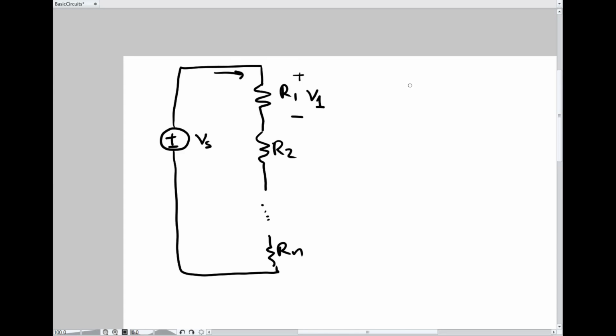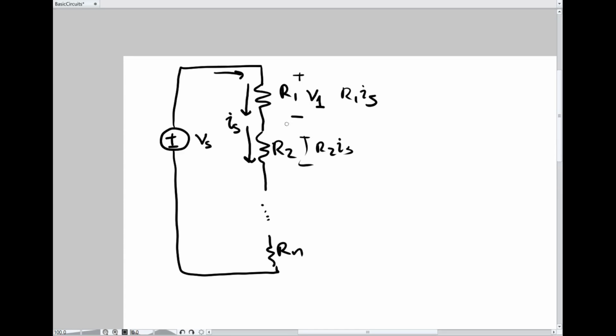Well, because of Kirchhoff's current law, the current going through here must be the same as the current going through here. I'll call this I source. And this voltage here is R2 I source. And this voltage here is R1 I source.